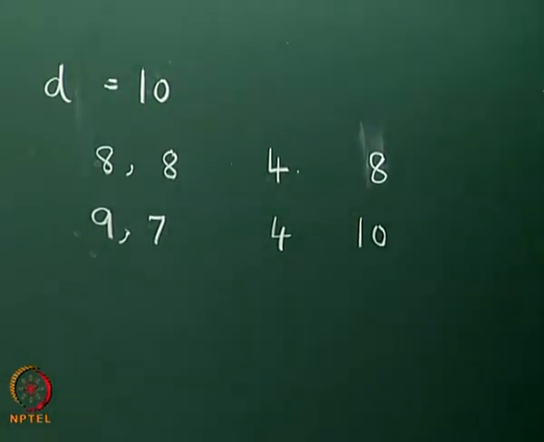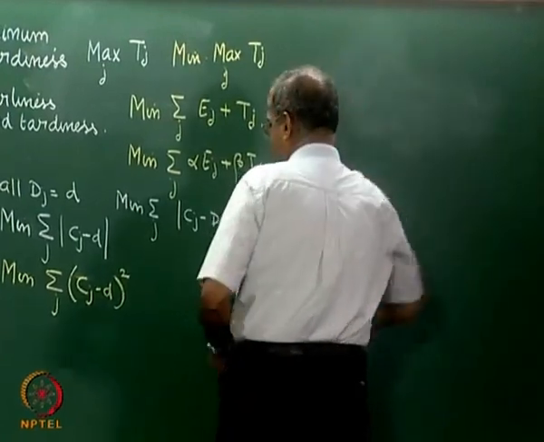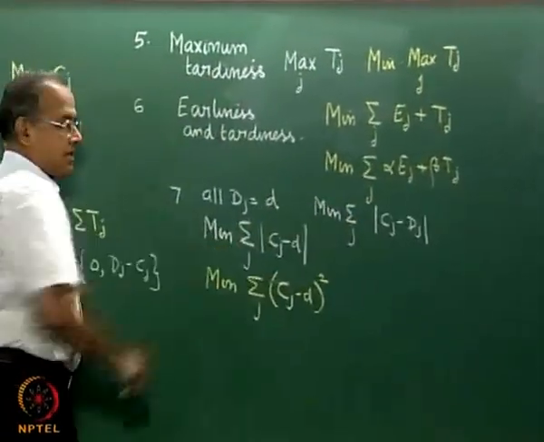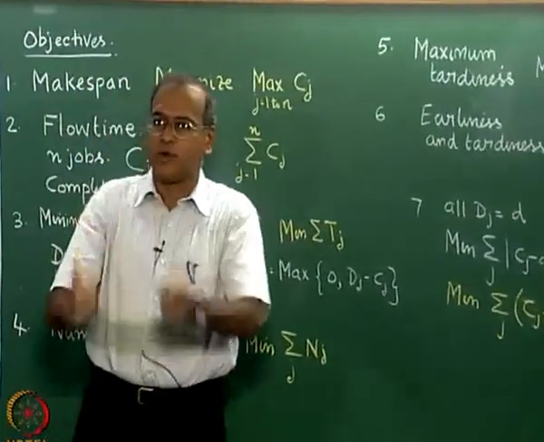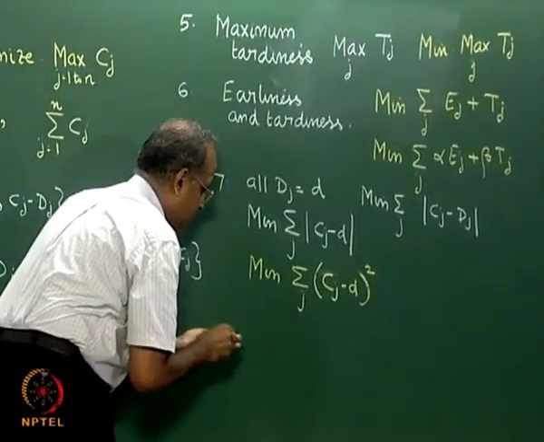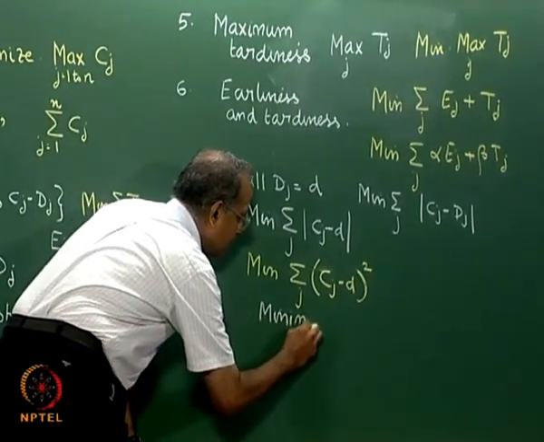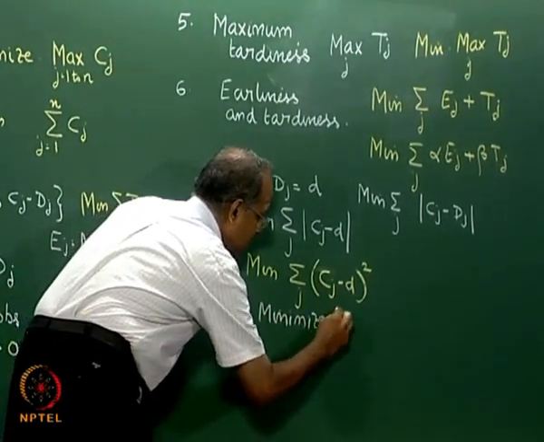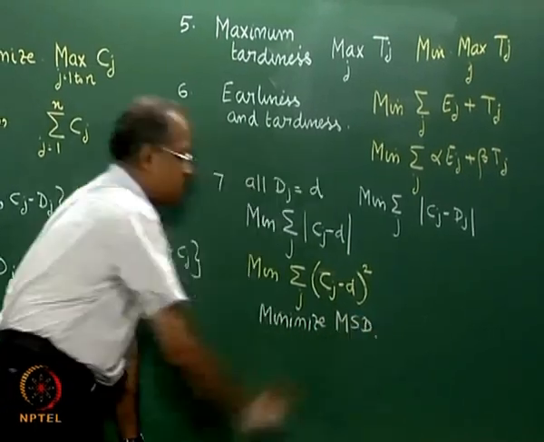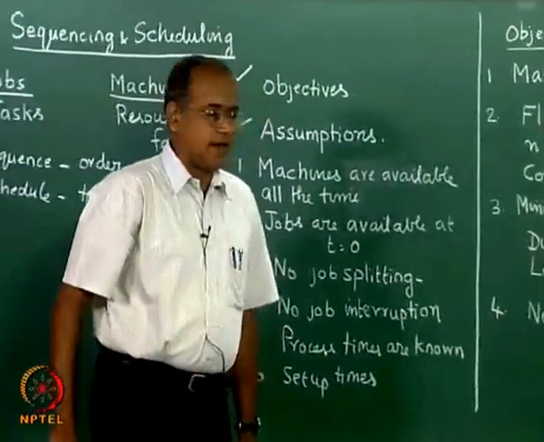So if we want to give a larger penalty for larger deviation, instead of the absolute value, you could use the square. This is called minimizing mean square deviation of completion times about a given common due date.